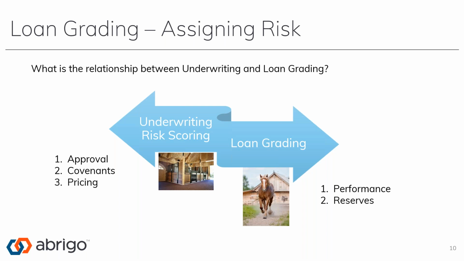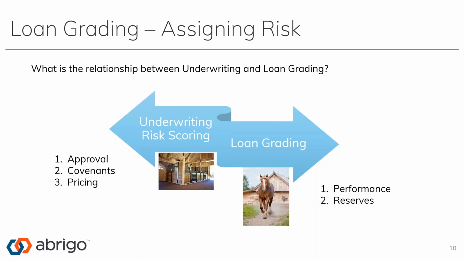It's more a timing thing. When you ask what the relationship is between underwriting and loan grading, it's really a matter of time. If you haven't done the loan yet, I compare it to the horse still being in the barn. You can add covenants, and you can change your pricing to account for some of that risk. Loan grading is done after the loan is already on your balance sheet.